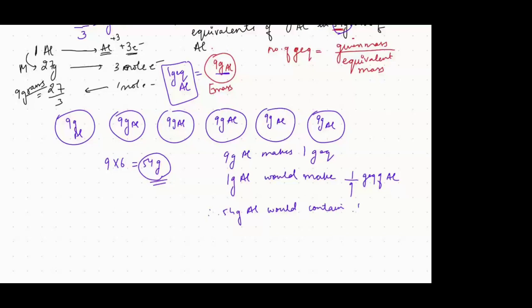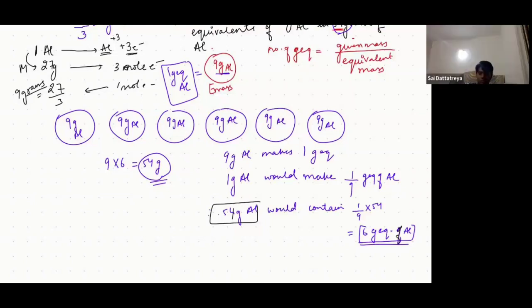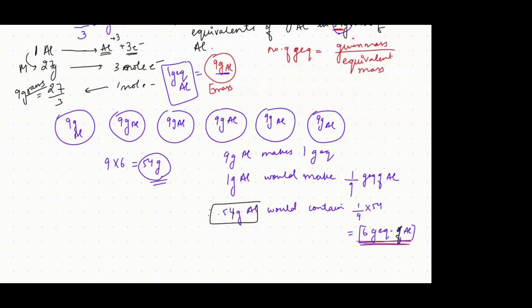That would be 1 by 9 into 54, which is 6 gram equivalents of aluminium. Are you understanding? So 54 grams of aluminium would contain 6 gram equivalents of aluminium. Right?